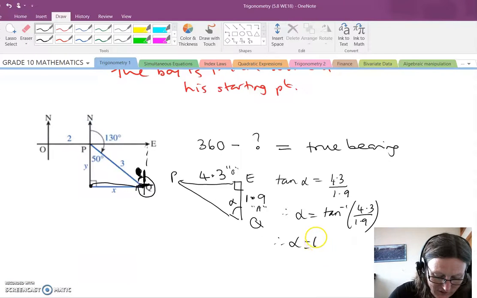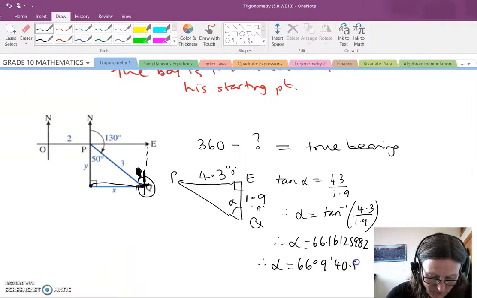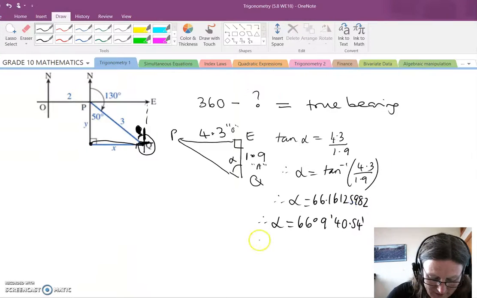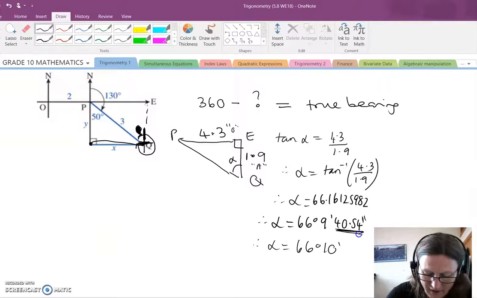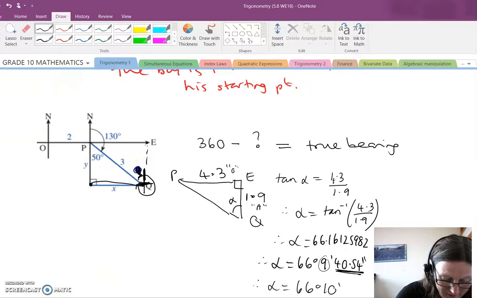So initially I'll get 66.1612598, hit the degrees minutes, and that is 66 degrees 9 minutes 40.54 seconds. And if I round that off to the nearest minute, then that angle alpha is 66 degrees and 10 minutes. The reason 10, I look at my seconds, and that is greater than 30, so this 9 goes up to a 10. So that is that angle here.